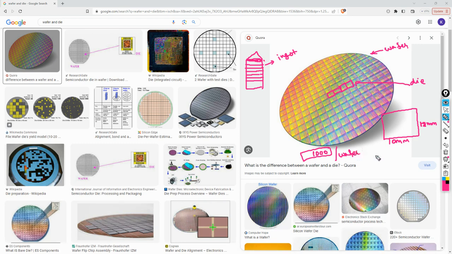Now if you can optimize this area, bringing this 10 mm by 12 mm down with better optimizations, a better floor plan and area estimation, to say 9 mm by 11 mm.